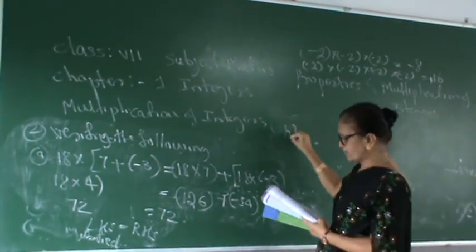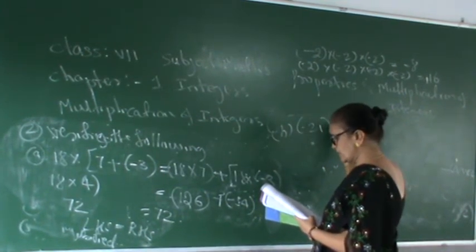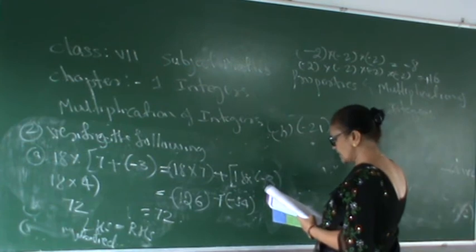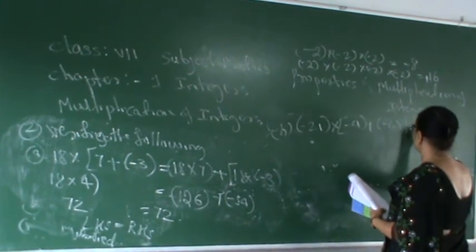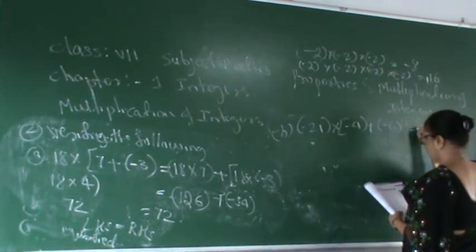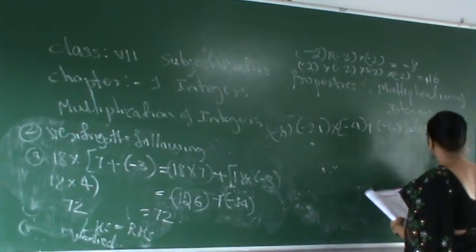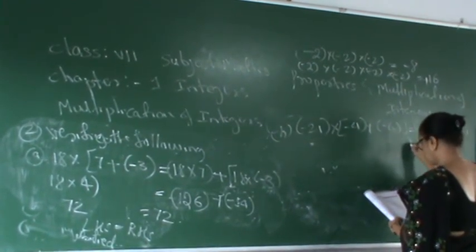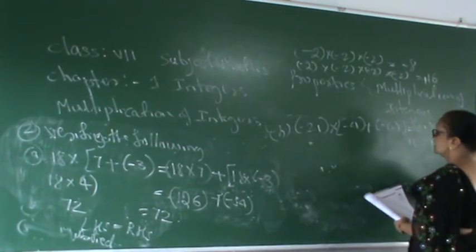B. See here. Minus 21 into the bracket minus 4 minus 6 is equal to minus 21 into minus 4 plus minus 21 into minus 6.